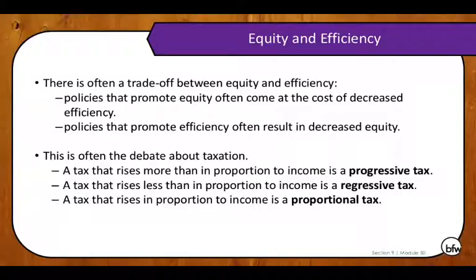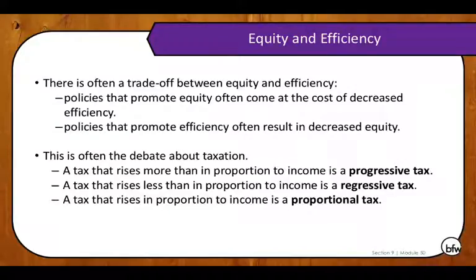Often, many of our economic and political debates between conservatives and liberals and Republicans and Democrats, if you go down to the core or the essence of the debate, what you will find is it's a debate between efficiency and equity. And what we find is that conservatives and Republicans generally tend to favor efficiency over equity, whereas Democrats and liberals tend to value more equity over efficiency.